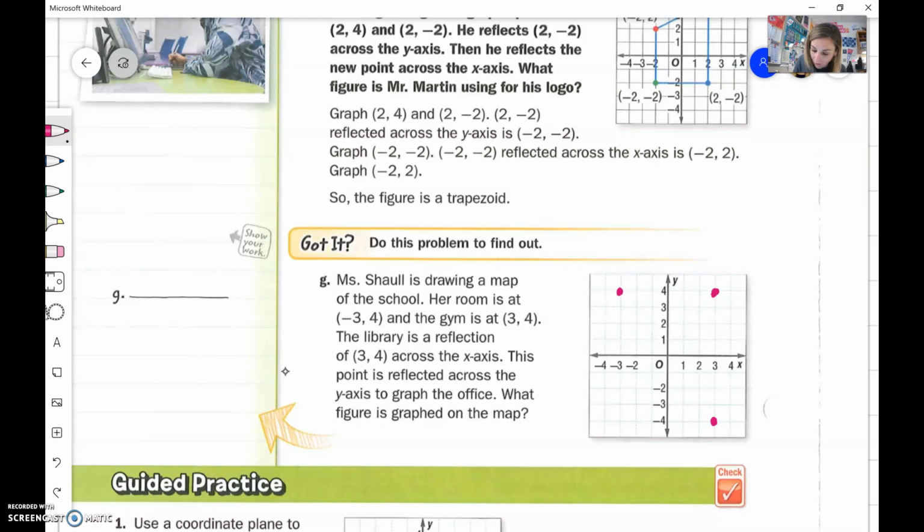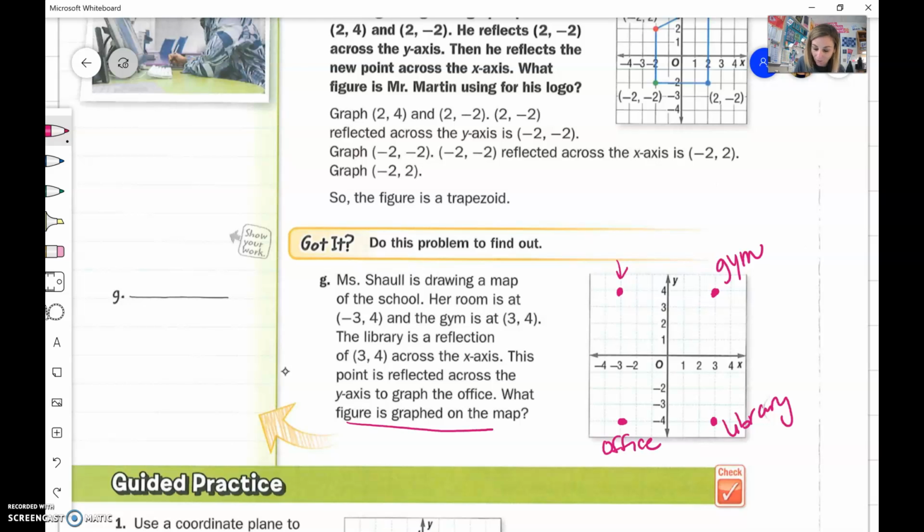So from here, the point across the y-axis, so we're going over the y, we're reflecting over the y, is right there. Okay, so you see this was her room, and then we found out that the gym is here. And then we did the reflection across that, which was the library. And then we did a reflection over the y, which is the office.